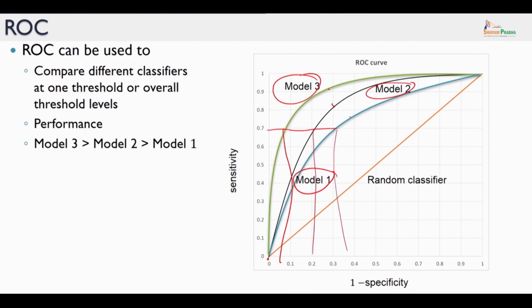If I have to pick this to get the same sensitivity, I have to give up a lot more specificity. So, that is the key idea when you try to benchmark different classifiers in terms of their performance.